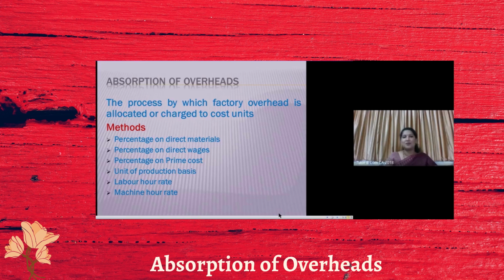If we are talking about cement, sometimes they take the number of cement sacks produced, or they can also take weight, such as kilos, quintals or tons, depending on the nature of the product.